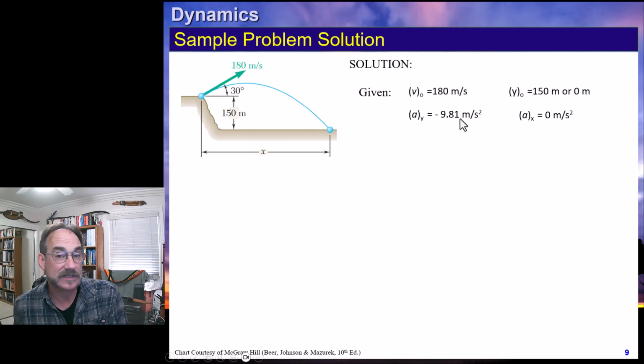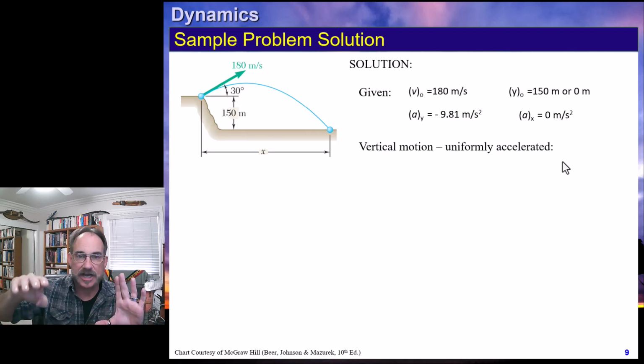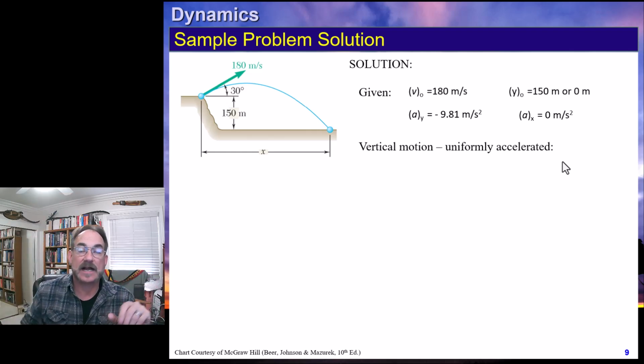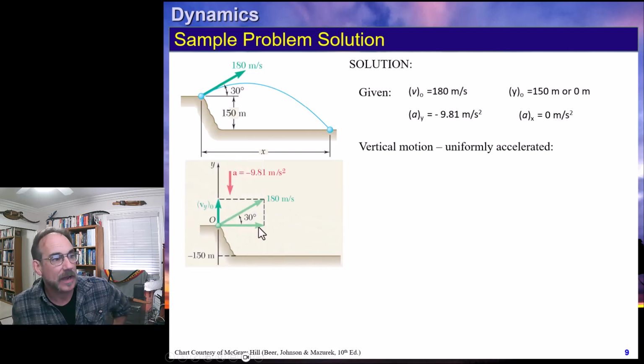That's our vertical acceleration. And the acceleration in the x we're going to assume is 0. We know that we're uniformly accelerated. We use that term to say that g is not changing. The acceleration is not changing. We're always accelerating towards the center of the earth. It's never changing. We call that a constant acceleration problem, which a lot of our equations are derived from.